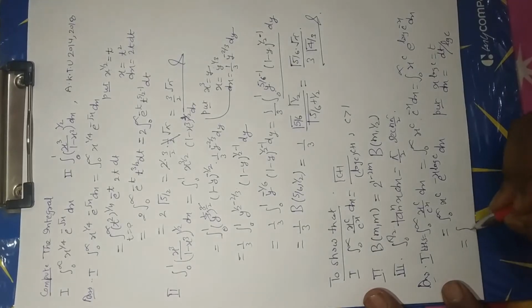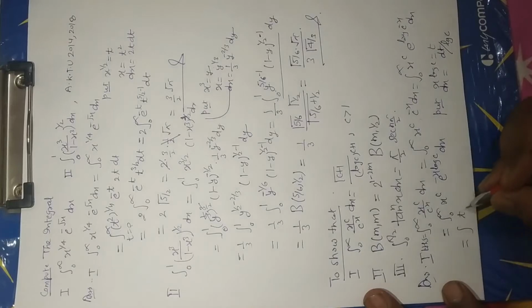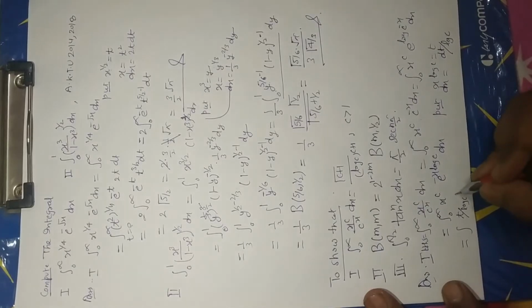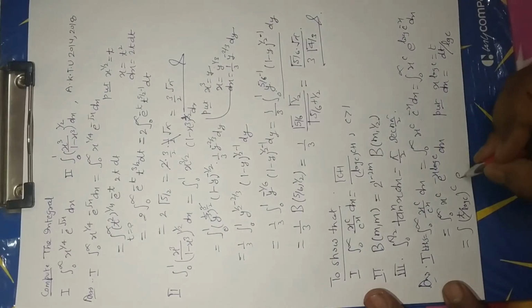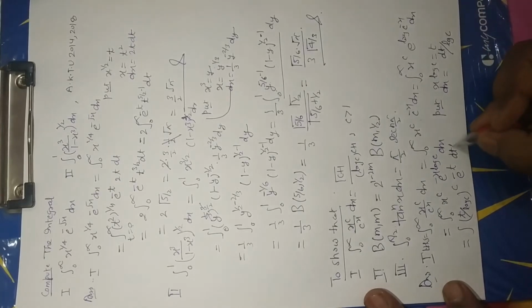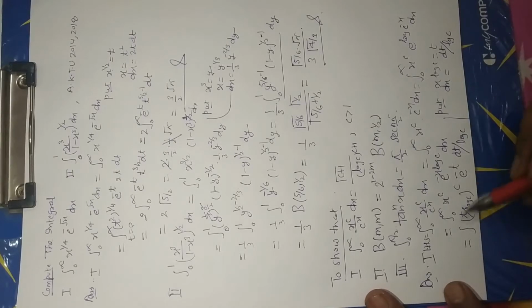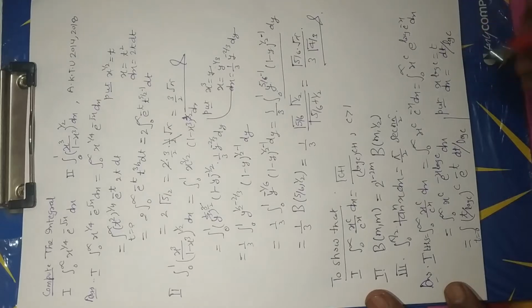Now putting x equal to t upon log c, whole power c, e to the power minus t, and dx is dt upon log c. This is the limit of x. Now convert into limit of t: when x is equal to 0, t equal to 0; x equal to infinity, t equal to infinity.